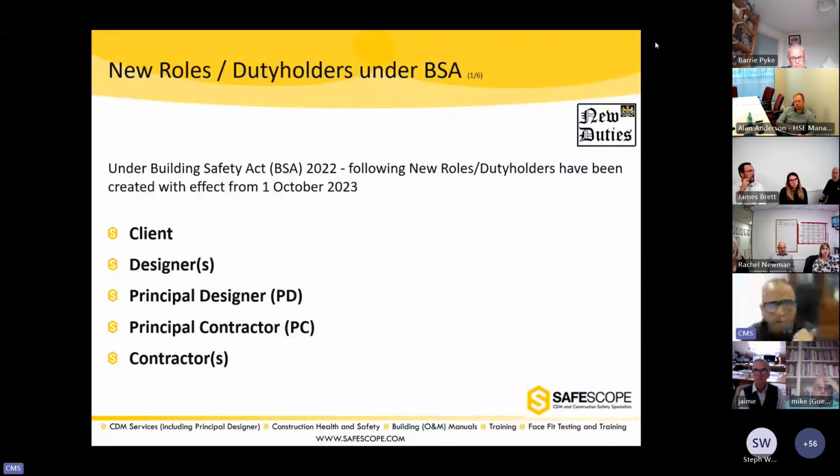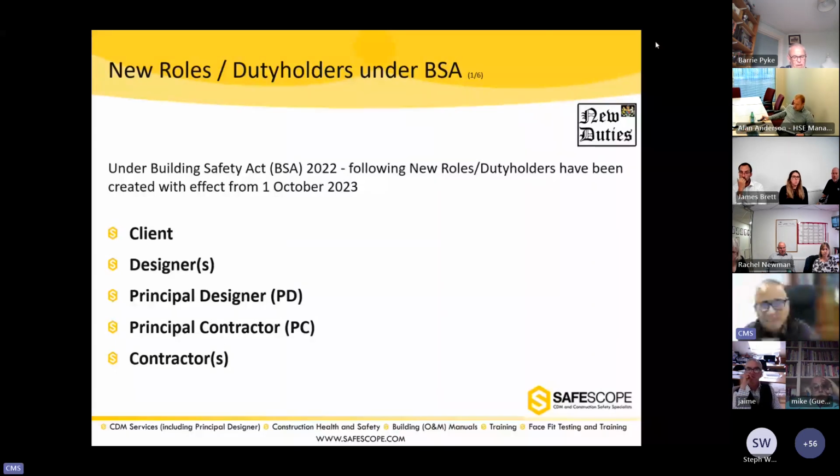It's not as easy as it sounds. And the same with the principal contractor, they will have to up their game quite a lot in order to fulfill these duties. And obviously every contractor now has a duty under the Building Safety Act as well. That's where it gets very far-reaching, a very significant change in terms of how projects are run and the different professionals appointed.